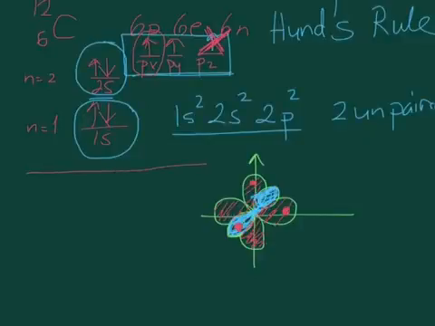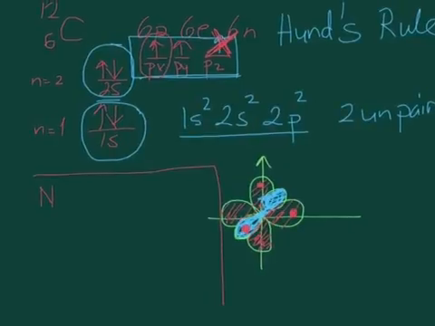The next element is nitrogen. I'm putting nitrogen here so that I can show you that it has spherical symmetry, with the 3 orbitals px, py, and pz being half filled. Nitrogen has 7 protons. In the neutral atom, it has 7 electrons also, and its mass number is 14, so it has 7 neutrons.